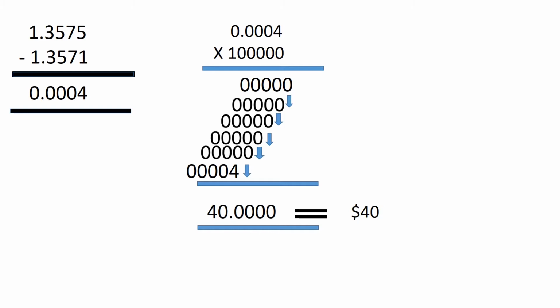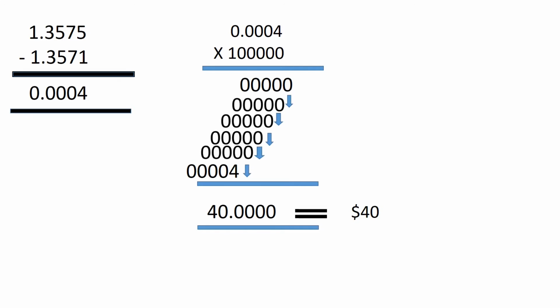Then we move to calculate our profit. We go to the right where we want to calculate our profit. We put the point movement, which was 0.0004, times our leverage, which is 100,000, and we multiply it.